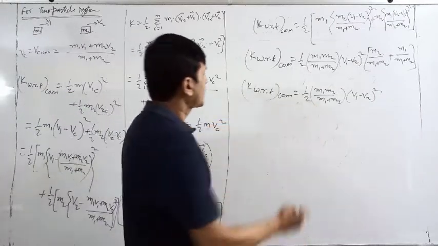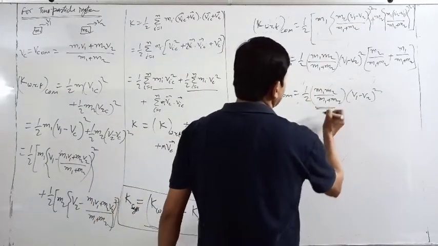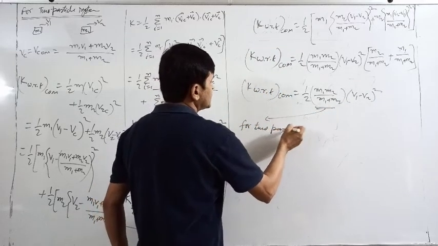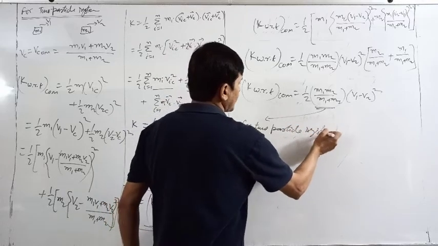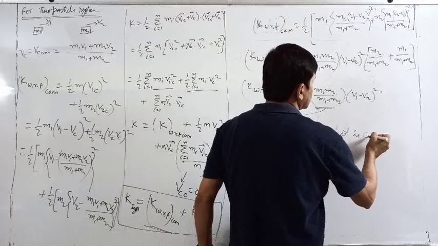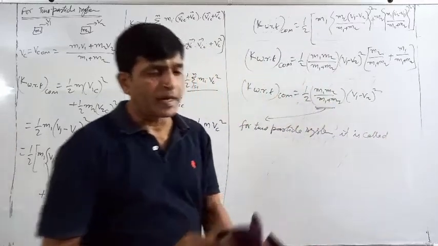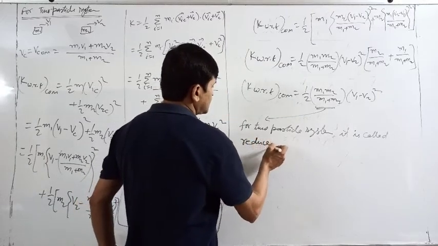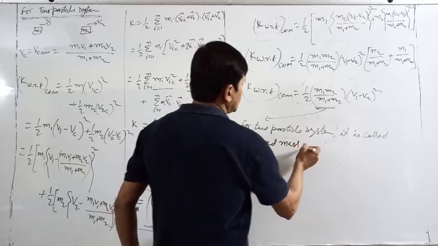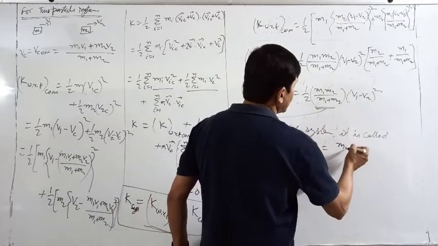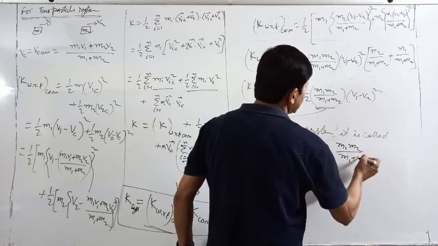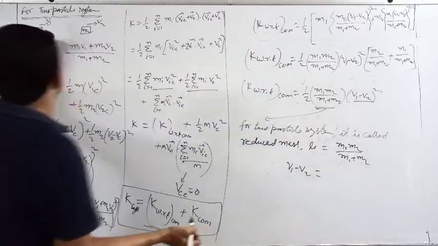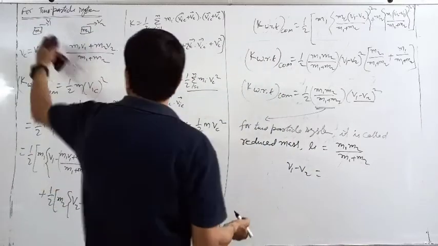This term, for a two-particle system, is called the reduced mass: mu equals m1 m2 by (m1 plus m2). And this term v1 minus v2 is nothing but the relative velocity of the particles.